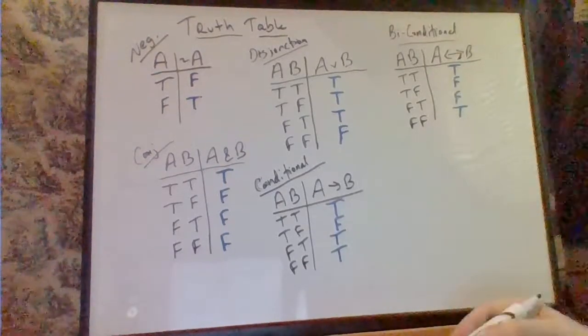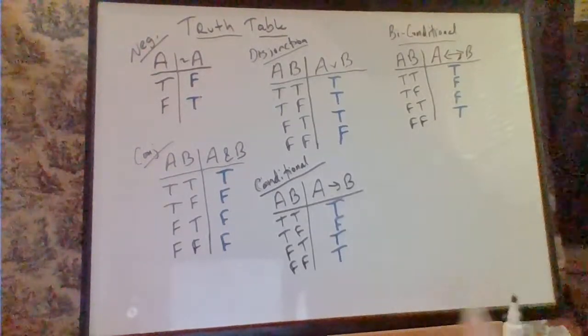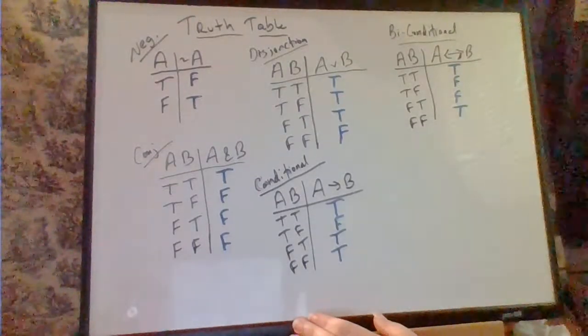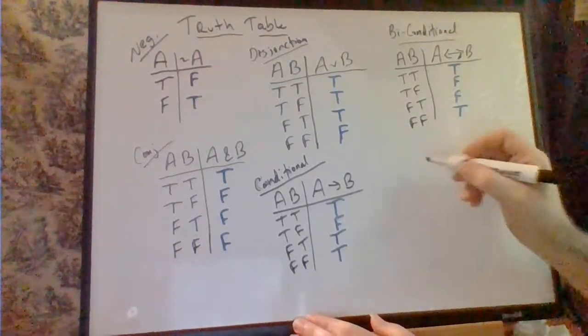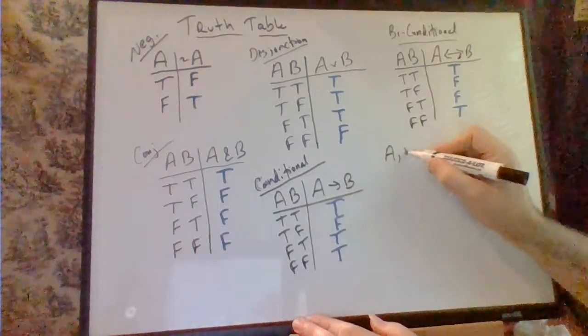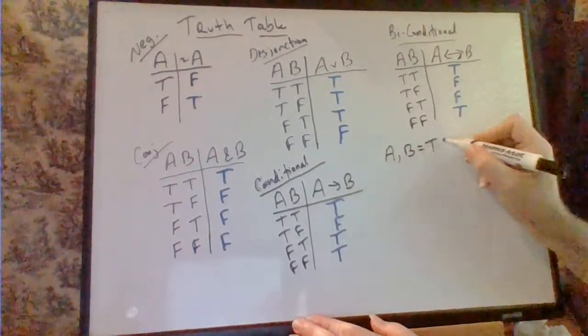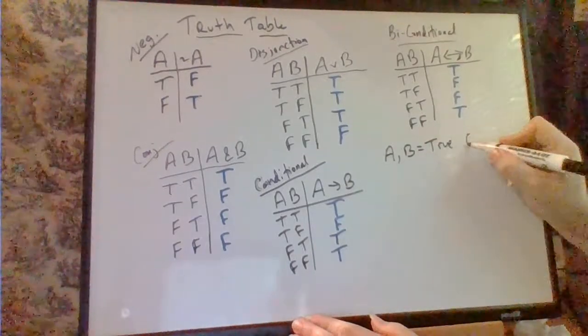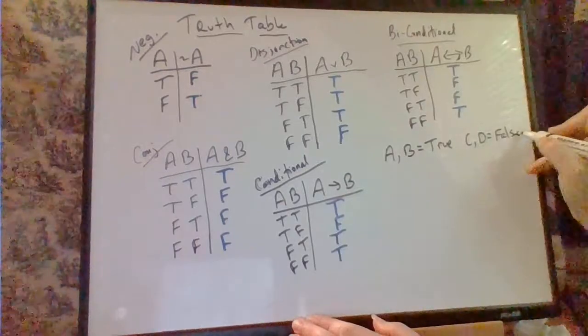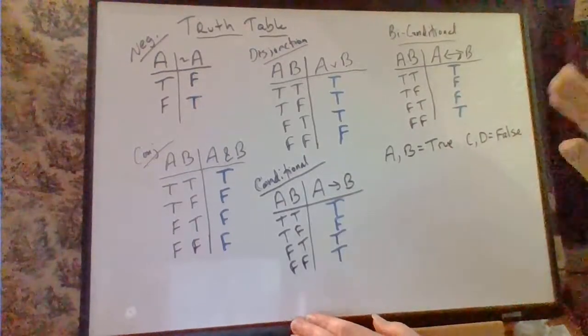Well, first of all, we can use them in determining the truth value of an individual sentence. Let's say, for the sake of example here, that I'm going to consider A and B to be true, and I'm going to consider C and D to be false. Okay.